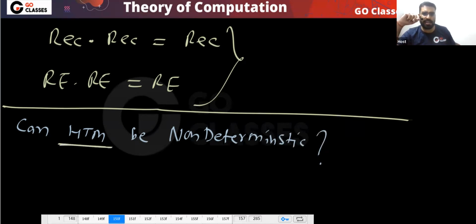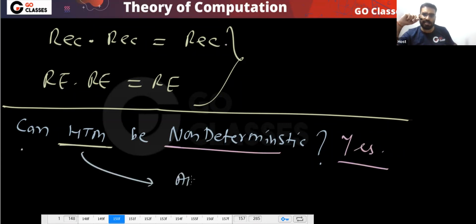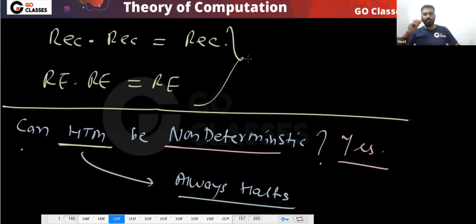Halting Turing machine means it always halts, so it can be non-deterministic. There is no problem. Is this clear?